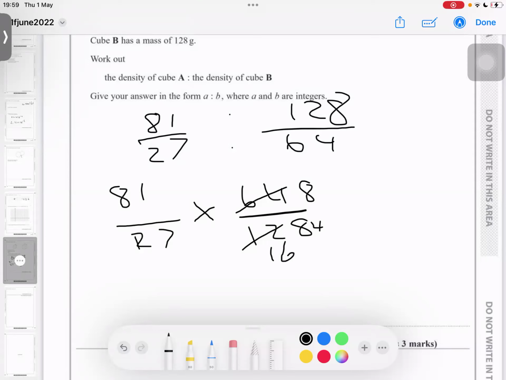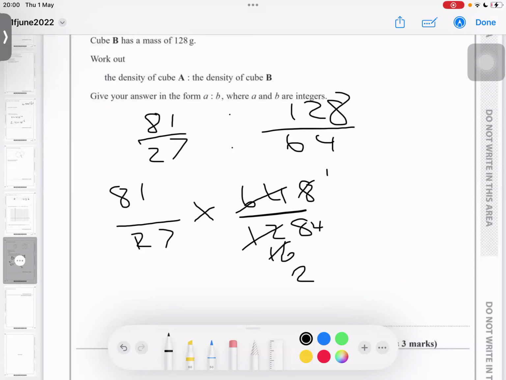Okay, 6. Then you can now do 8. 8 will go into itself 1, and 8 will go into 16 2 times. Yes, 2. Good. Then let's deal with the 27 and 81.